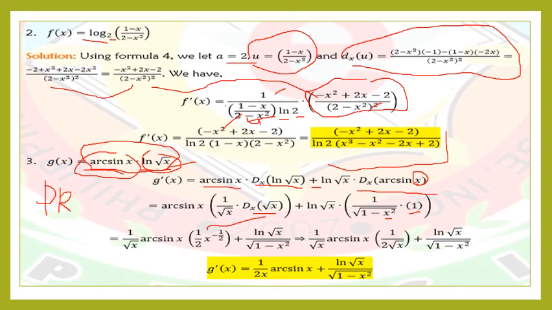Nilagay sa denominator si x to the power of negative 1/2 para maging positive yung exponent niya, and then kinonvert into radical function. Plus, copy lang natin to, so we have 1 over 2x arc sine x plus the ln of the square root of x over the square root of 1 minus x squared. So, na-simplify na. So, eto yung mga examples for the differentiation on exponential and logarithmic functions.